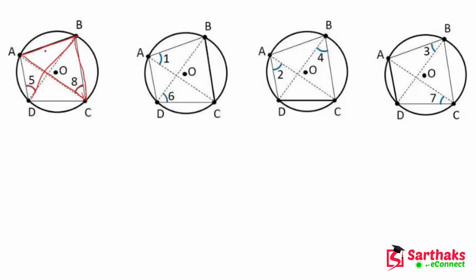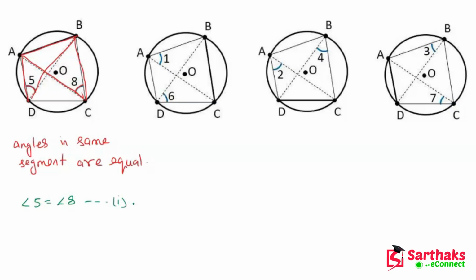So we can say angle 5 is equal to angle 8, by the previous theorem. Angles in the same segment are equal. So we can write angle 5 equals angle 8. Let's suppose this is equation number 1.